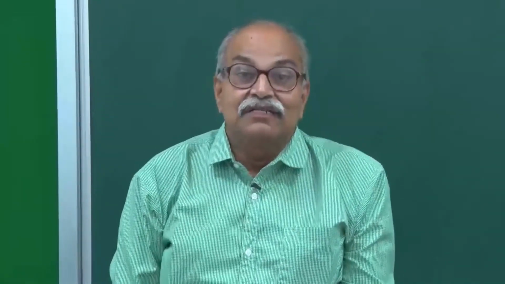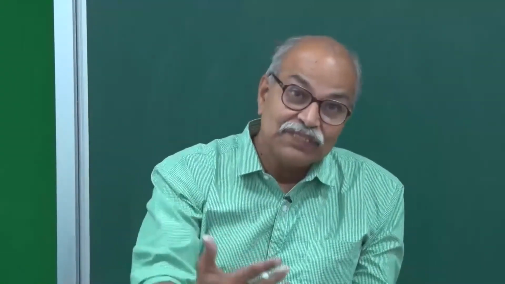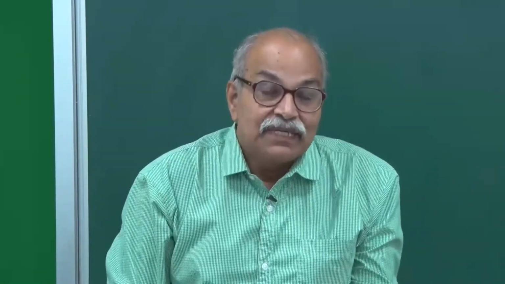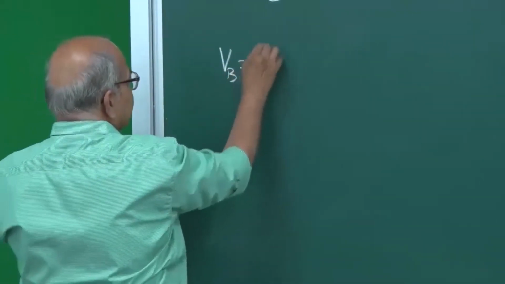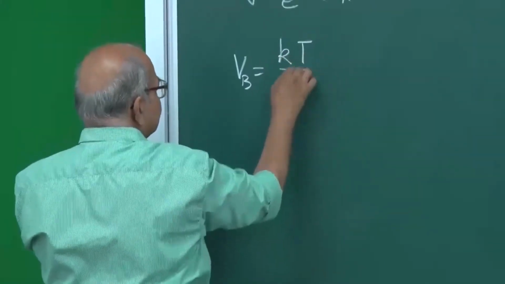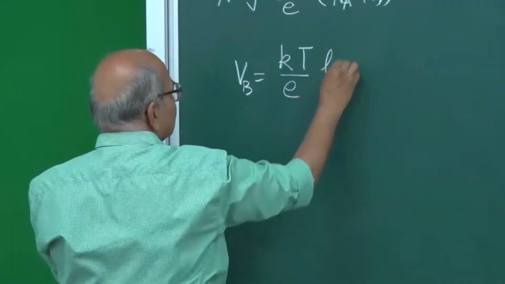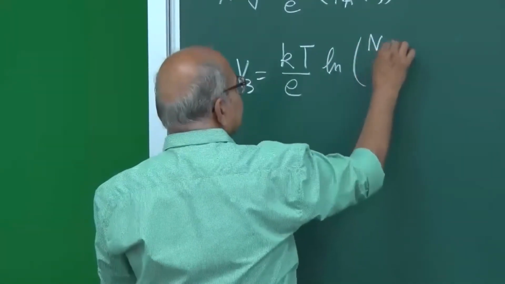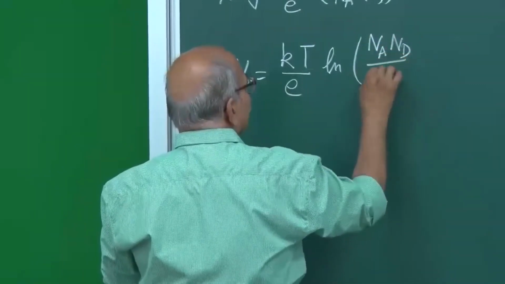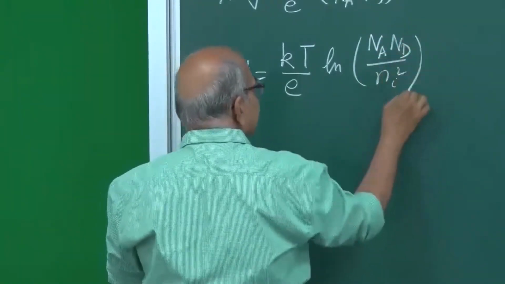So I will not give you those derivations, but I will give you the expression for this VB in terms of those impurities and the temperature. And that is, this VB is kT divided by e, then log, on the natural base, of Na Nd over small ni squared.